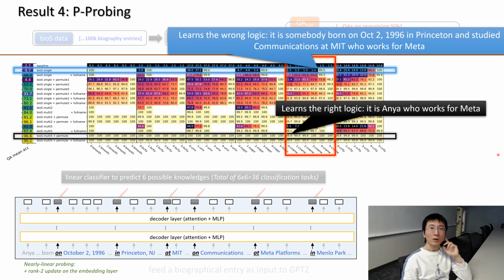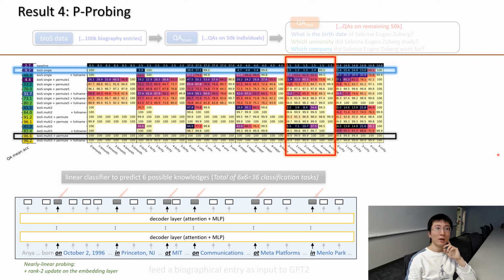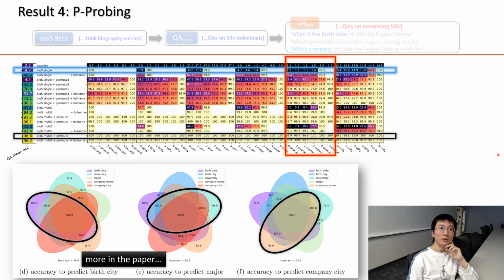In the paper, you will see more careful experiments, in which we precisely studied the accuracy of probing depending on whether or not any of the remaining 5 attributes has been seen.